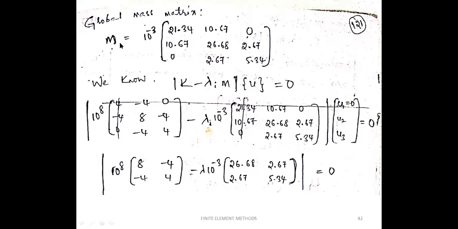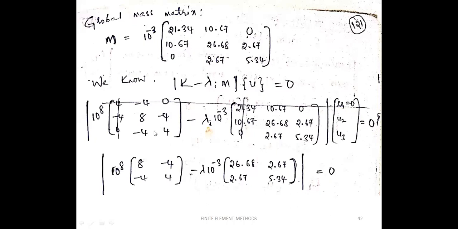Therefore u1 must be equal to 0. Now let us apply the elimination process to reduce the complexity of the problem. You should eliminate the first row and first column here, and similarly in the global stiffness matrix you should eliminate the first row and first column.